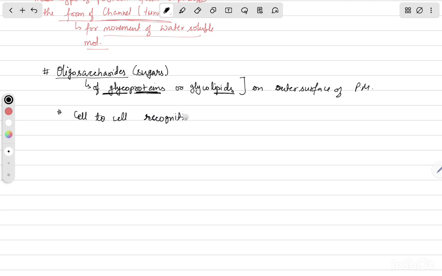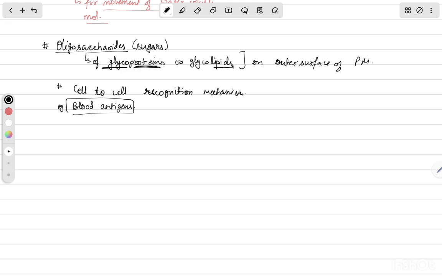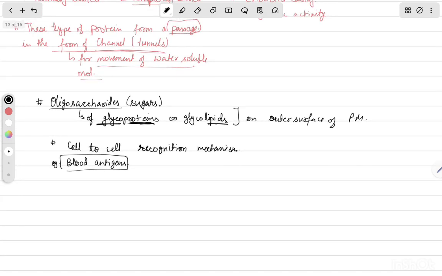Now, the most famous example of these oligosaccharides are blood antigens. Blood antigens are the example of these oligosaccharides, right, which help in cell to cell interaction or recognition, right? So, that is the structure of plasma membrane, right? We have discussed all the components of plasma membrane.